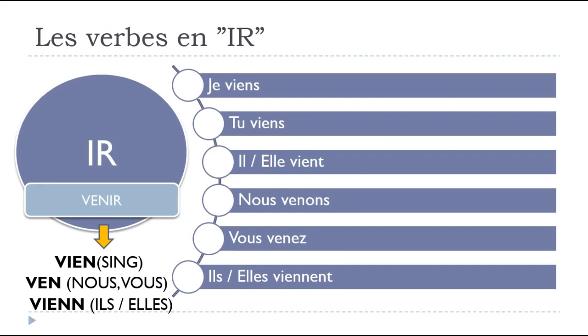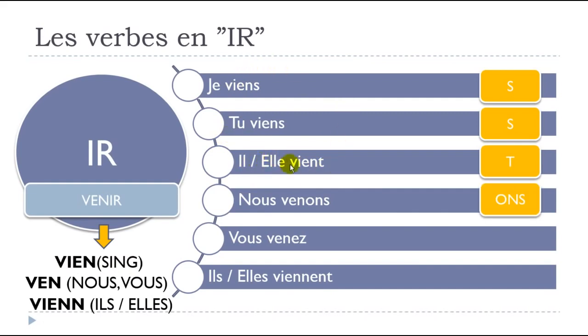Okay, and so this is normally what is difficult, trying to remember how to conjugate them, and especially keeping that fact in mind that for the singular you will put this VIEN, and then you will add S for je, S for tu, and T for il, elle. Okay, and phonetically it's the same form. So you get je viens, okay, tu viens, il vient, elle vient.